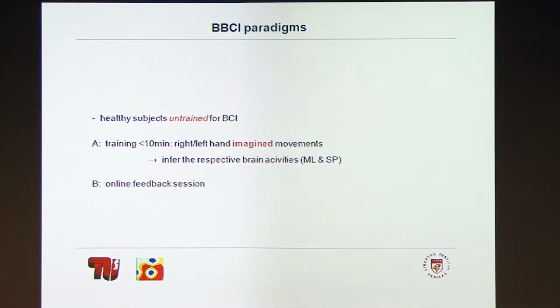Then you have this protocol of 10 minutes training where you would generate the data for the machine learning method. Then we have the data, we put it through our inference procedures, and then we go to an online feedback session. The whole thing can be done easily within, let's say, an hour or so. Of course, the idea is let the machines learn. It's not the subjects that learn because they just provide 10 minutes of data.